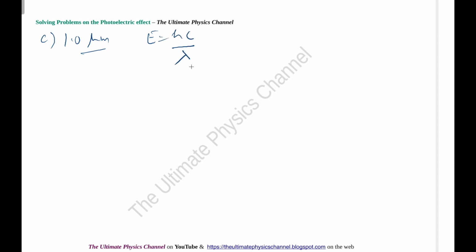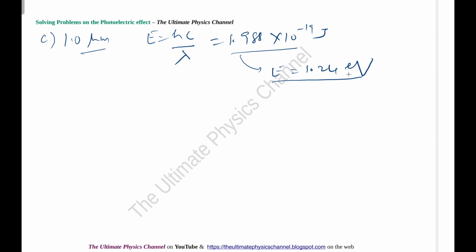Substitute 1 into 10 power minus 6 meter in the denominator, and h and c values, and you would get the energy in joule units as 1.988 into 10 power minus 19 joules. If you convert that into eV units, you will get E is equal to 1.24 eV. So we calculated the energy there.